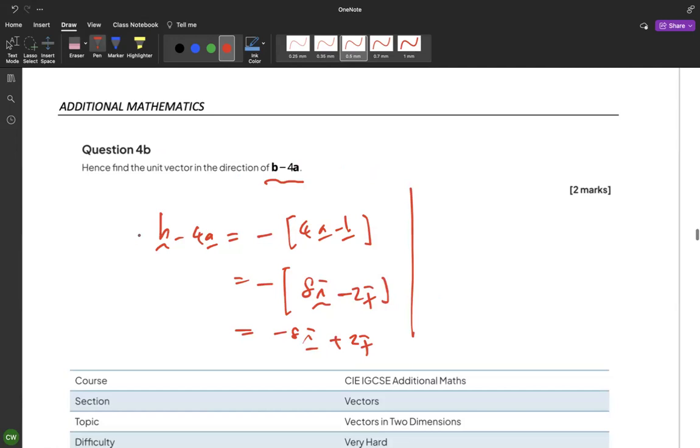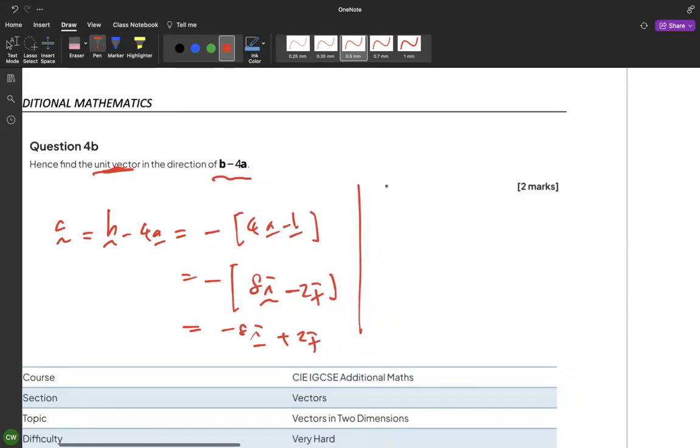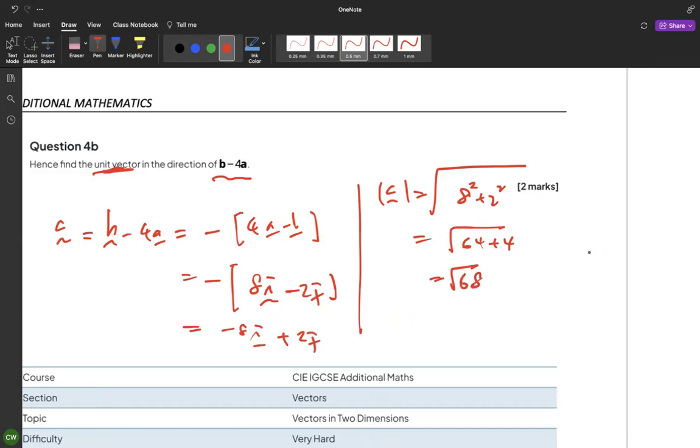Is this one called a unit vector? Do you call this thing a unit vector or not? Unit means to divide. Divided by what? The magnitude of the vector. 8 squared plus 2 squared. 64 plus 4 is 68.